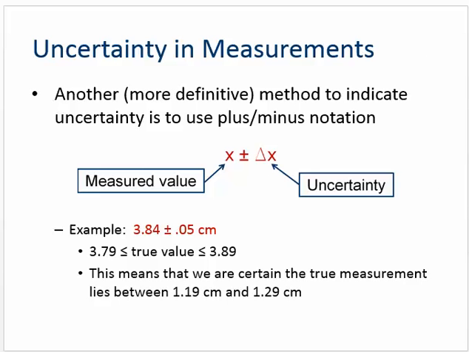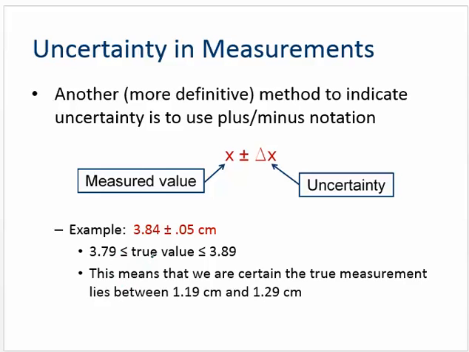Okay, uncertainty in measurements. Another, more definitive method to indicate uncertainty is to use the plus minus notation. So x would be our measured value, and then the plus minus would be our uncertainty. Example: 3.84 plus or minus 0.05 centimeters.